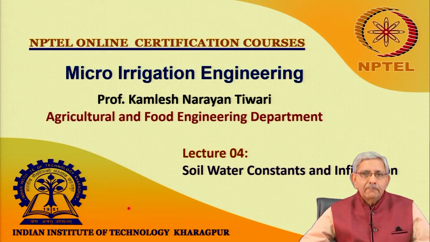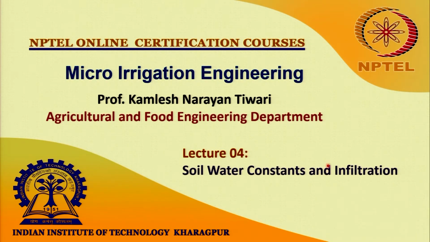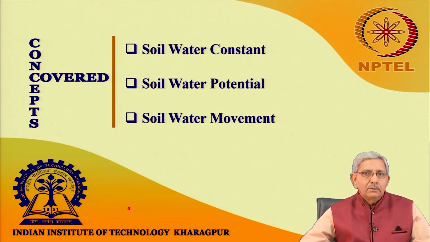In this lecture we will also be dealing with the movement of water when we supply it from a source, such as a micro irrigation drip emitter. We are dealing with what the soil water content is and how the soil water movement takes place when it is in the saturated condition and when it is in the unsaturated condition.